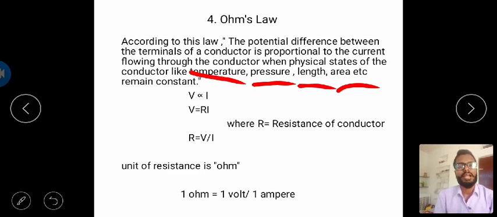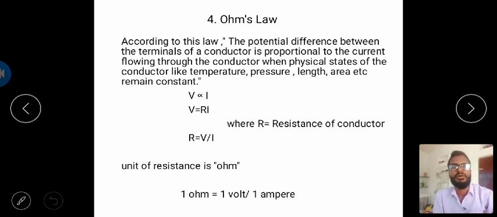It means while doing any kind of experiment, the value of these physical states should not be changed. Now we move to this law. Ohm's law.